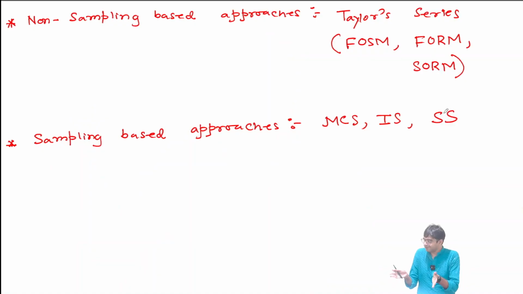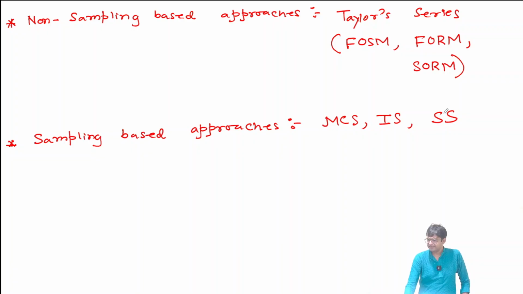Now, what will be this some? This some will be those which are the most popular ones, which are the most used ones. And importance sampling, Monte Carlo simulation, subset simulation, these are the most used ones, right? And that's why we talked about these three only.